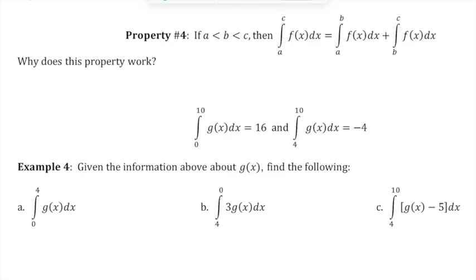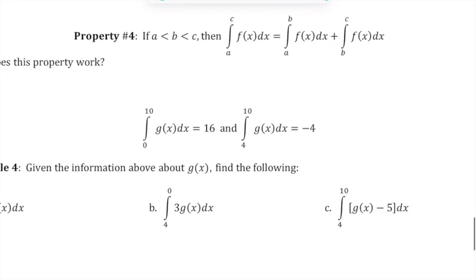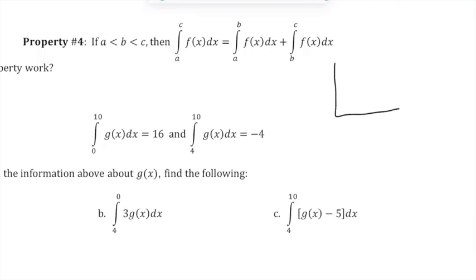Last property, it basically says that if you have a number in between your boundaries, you can break up the integral into separate boundaries. So again, the integral from a to c is the same thing as the integral from a to b plus the integral from b to c. And it's really easy to visualize here.